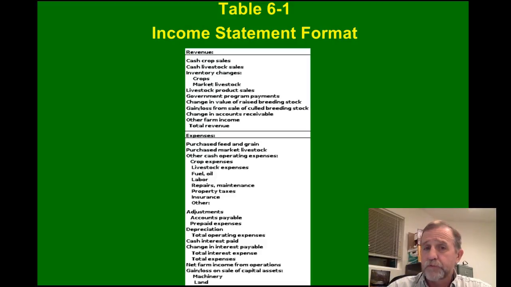And probably the most simplistic one that we can think of, say we go into the accounting season, January 1st, and we have 500 tons of hay. Now, we may feed some of that and we'll expense that out, but at the end of our season, we may have 750 tons of hay.